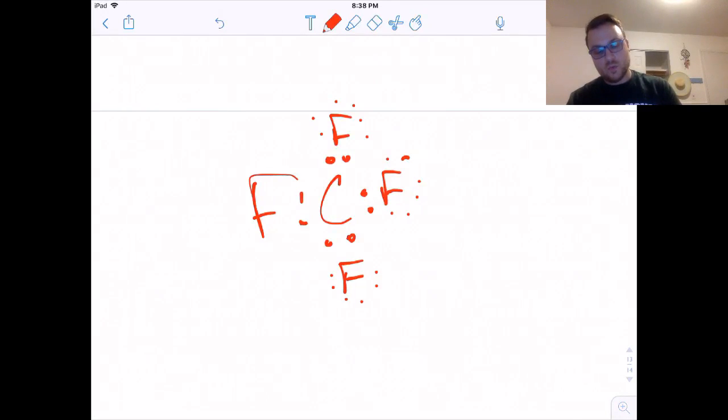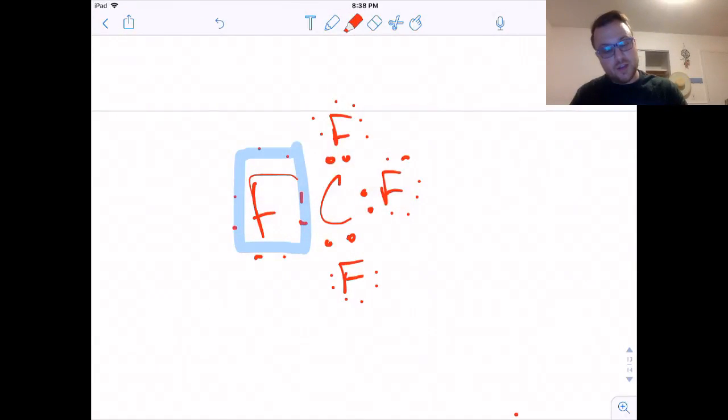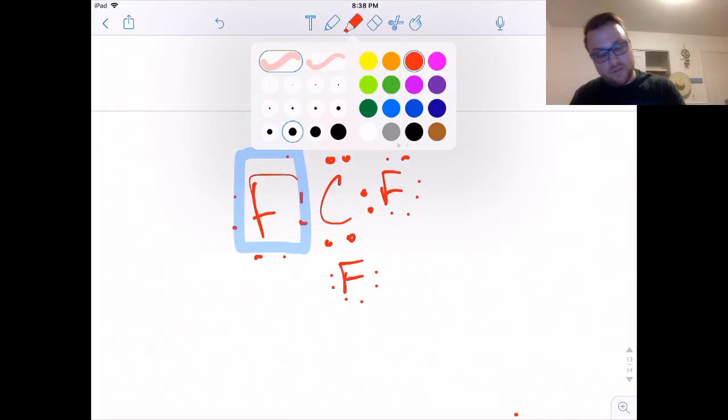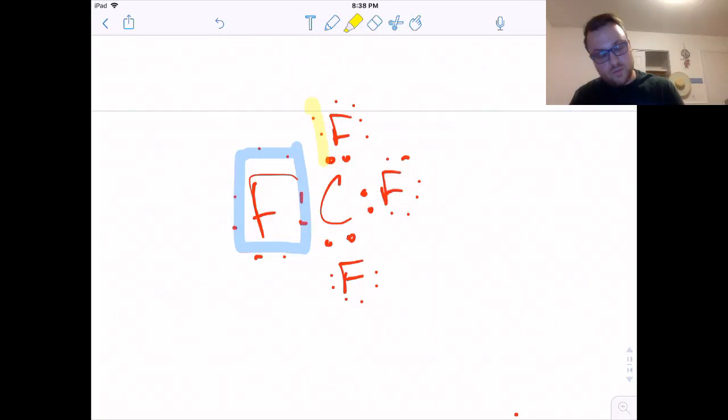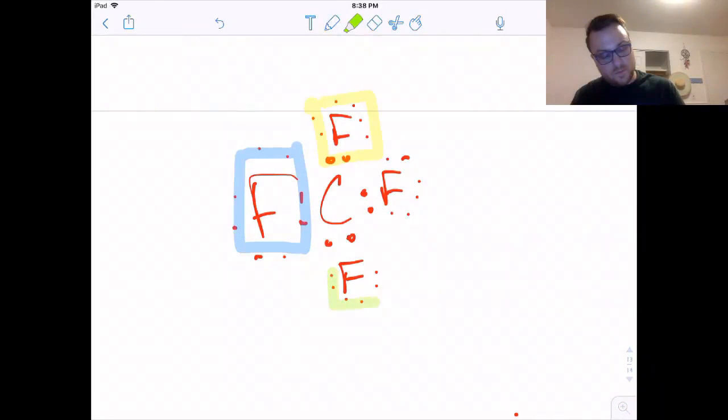The other fluorines have 2, 4, 6, 8. 2, 4, 6, 8. 2, 4, 6, 8. And what about the carbon in the middle? Well, I spy with my 2 eyes 2, 4, 6, 8. Every atom has 8. Woo!